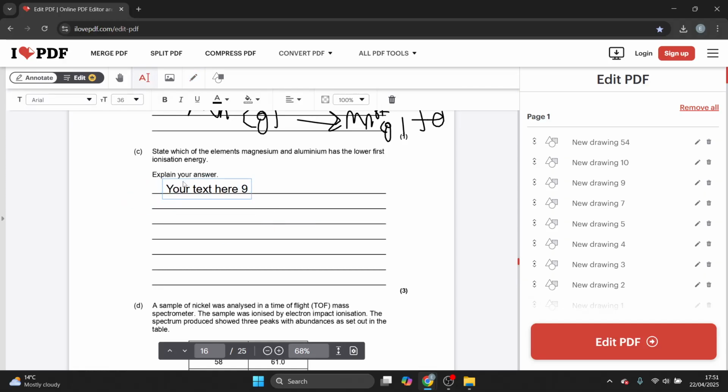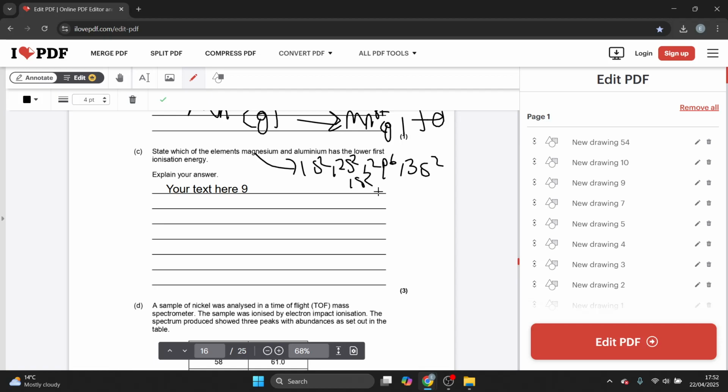Magnesium, aluminium. Now I would quickly draw out the structure, and you know what? I am going to do that. Magnesium: 1s2, 2s2, 2p6, 3s2. Whereas aluminium: 1s2, 2s2, 2p6, 3s2, 3p1.